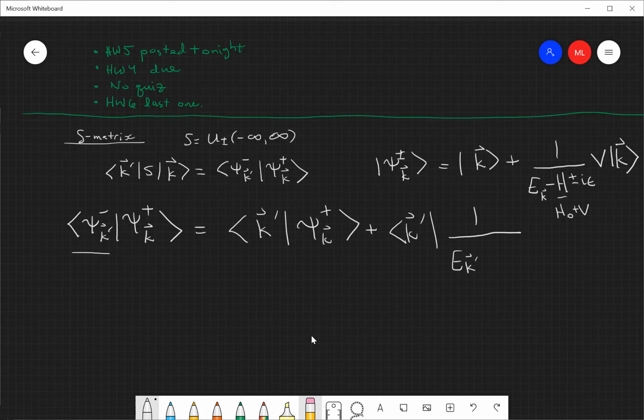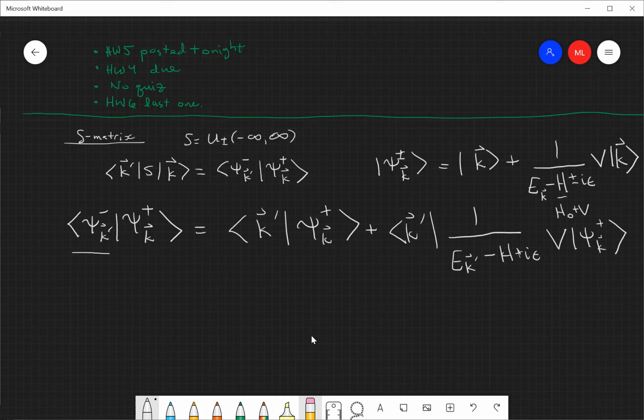Now we're expanding the k prime piece, so you want to put a k prime there, minus H, and this is plus i epsilon because we have to take the complex conjugate. We're expanding the bra portion, and then this is V dotted into psi k plus. Okay, so that's the first step.